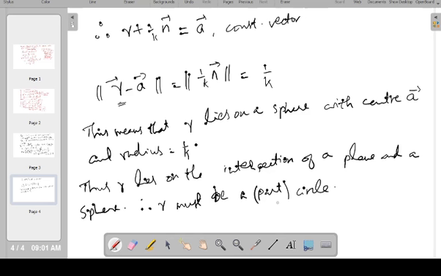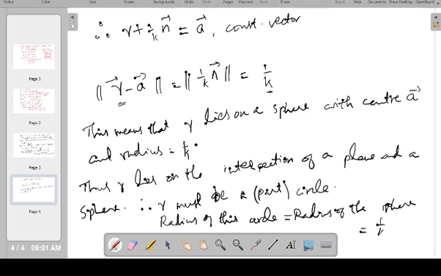What is the radius of the circle? It is the same as radius of the sphere. What is the radius of the sphere? It is 1 by kappa. And what is the center of this circle?